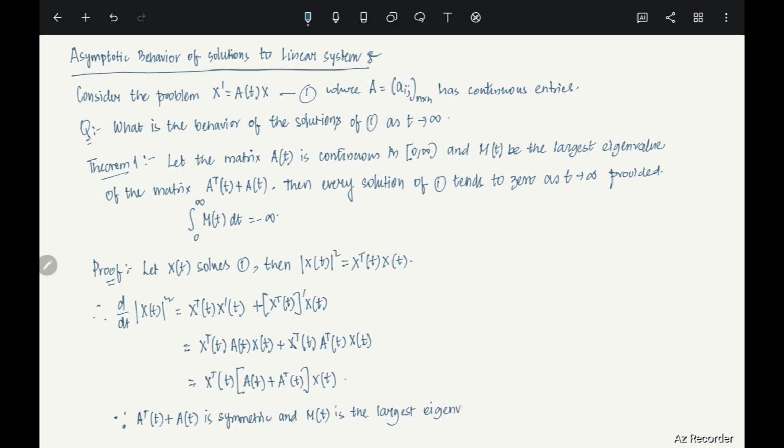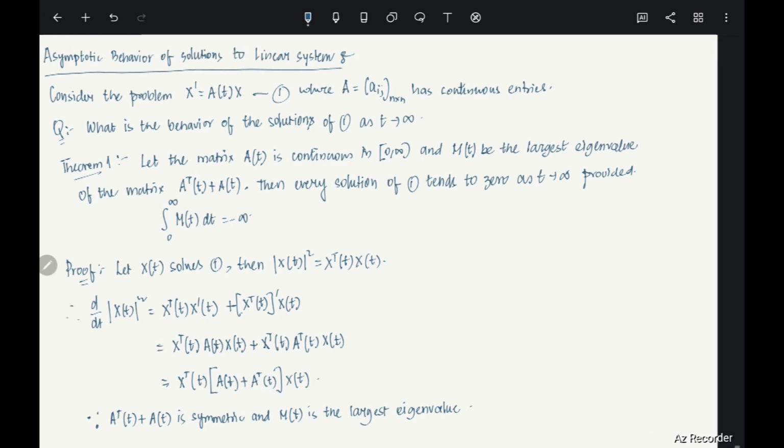Eigenvalue of this matrix, right? A plus A transpose. Okay, so what can we say? Therefore x transpose of t, sorry, transpose, A transpose plus A, this times x of t gets dominated by m of t times x of t squared.